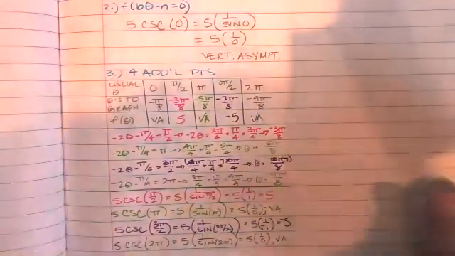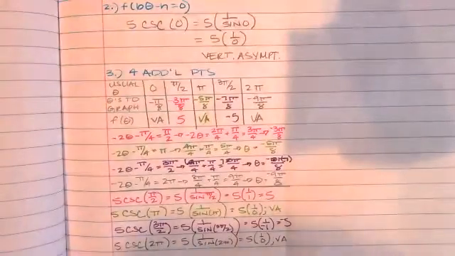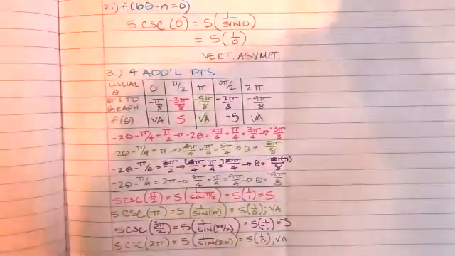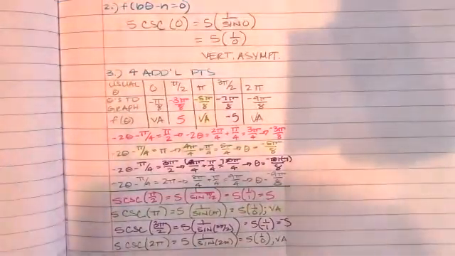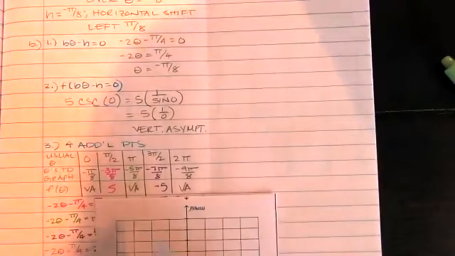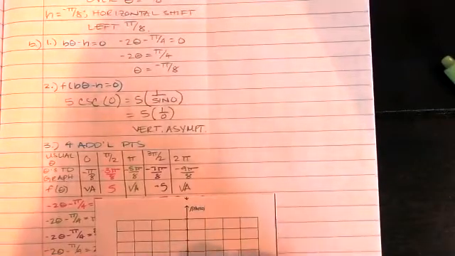Great. Okay, so let's get out our graph. And let's see, what do we have here? So it looks like we need to count by 2, 4, 6, 8, 3 pi over 8. 3, 6, 9 pi over 8.